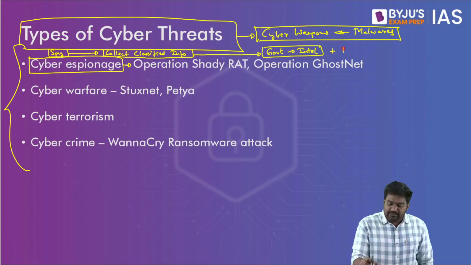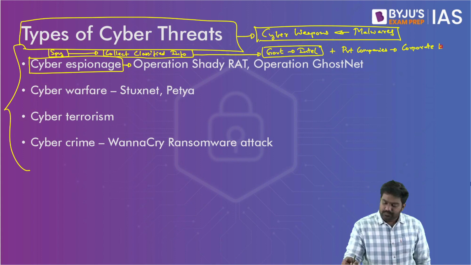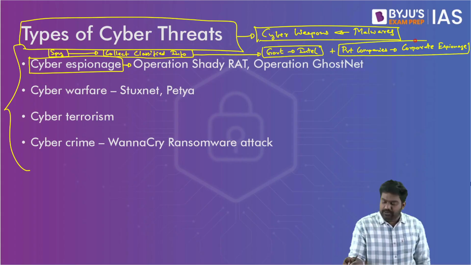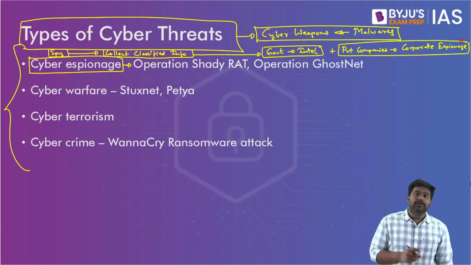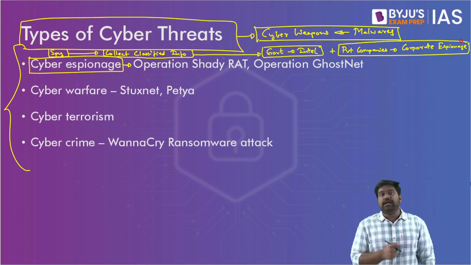Apart from them, even private companies might engage in corporate espionage to steal trade secrets from competitors, or to steal sensitive policy information from the government, which might help the companies. Even private companies might sponsor cyber criminal groups to mount cyber espionage campaigns.